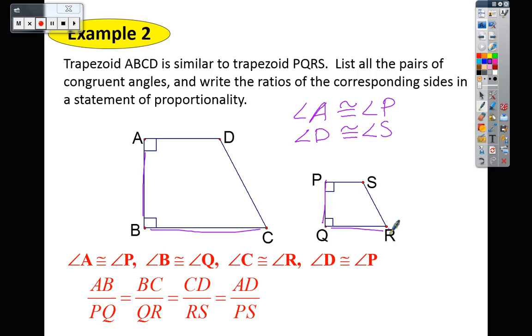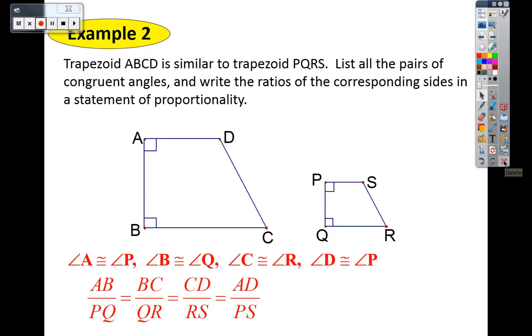Now I could put any of those together in any combination because they are proportional. So I could say AB over PQ equals CD over RS. All of these relationships are proportional because it's taking the side from figure A and comparing it to the side of figure B. Now feel free to pause this, stop this, rewind this, whatever you need to do.